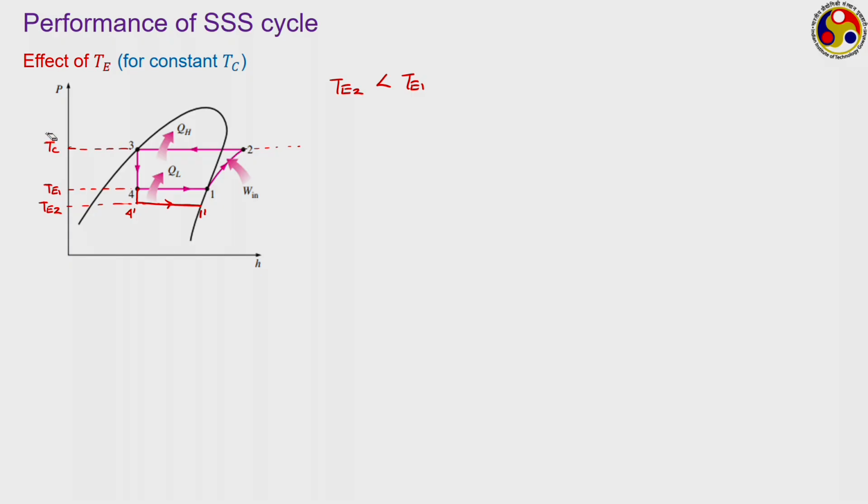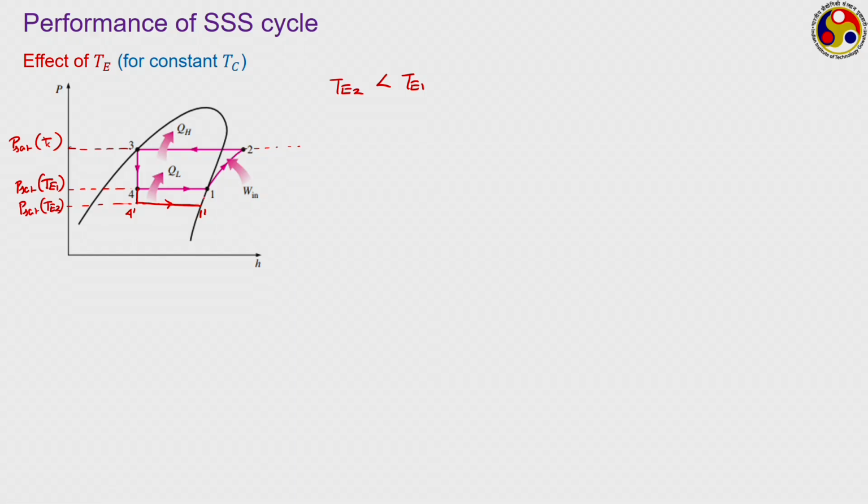Actually, I should not have written Tc and Te this way. It will be better if we write in terms of the pressures. This is Psat corresponding to Tc, this is Psat corresponding to Te1, and the second one is Psat corresponding to Te2, the lower temperature.